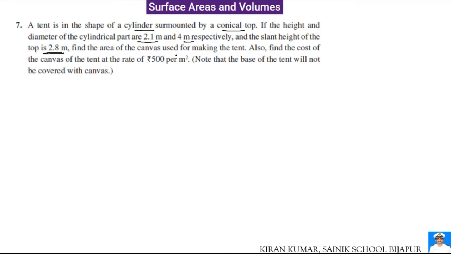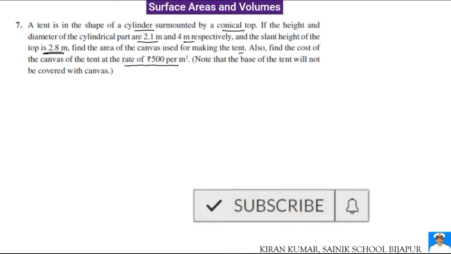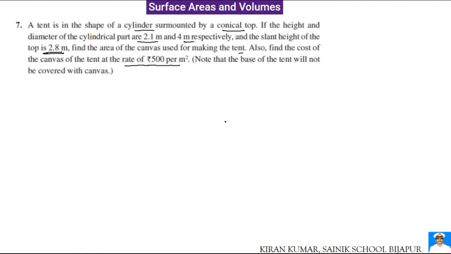Find the area of the canvas used for making the tent, that is the surface area. Also find the cost of the canvas for the tent at the rate of rupees 500 per meter square. Note that the base of the tent will not be considered because it will not be covered. So we should not consider the base, neither the upper base nor the lower base.